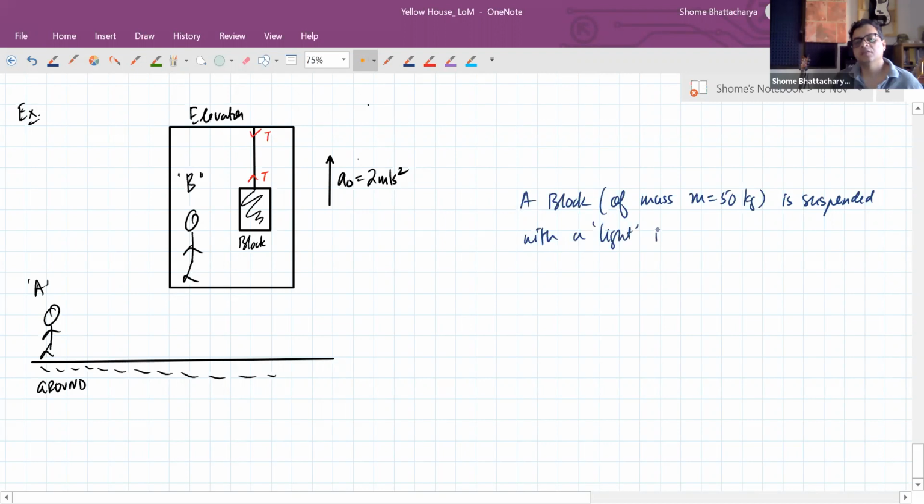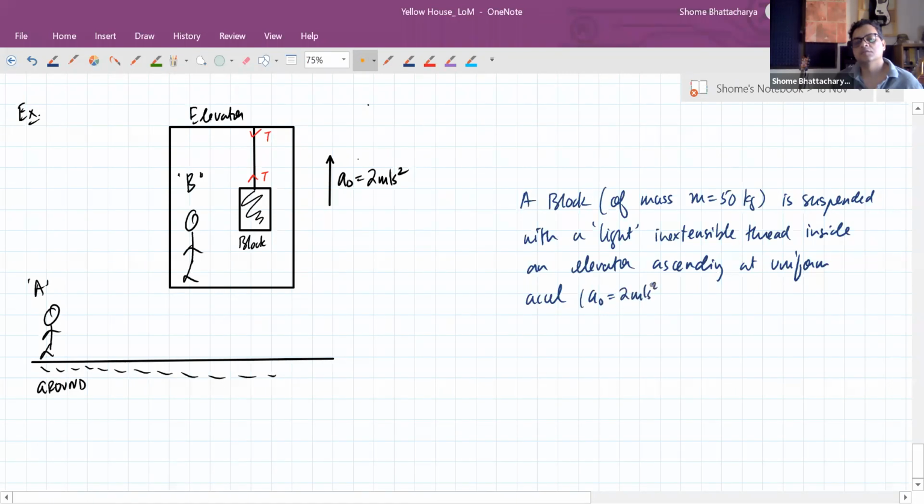with a light inextensible thread inside an elevator ascending at uniform acceleration with respect to ground.